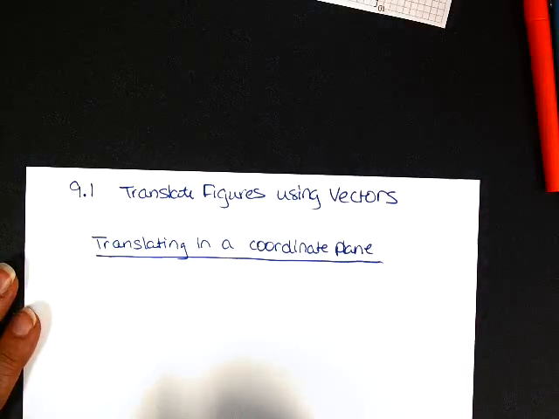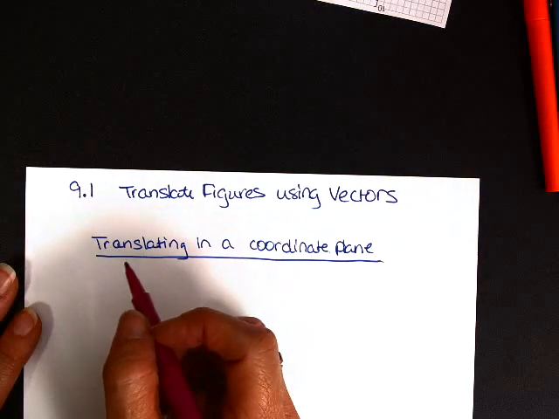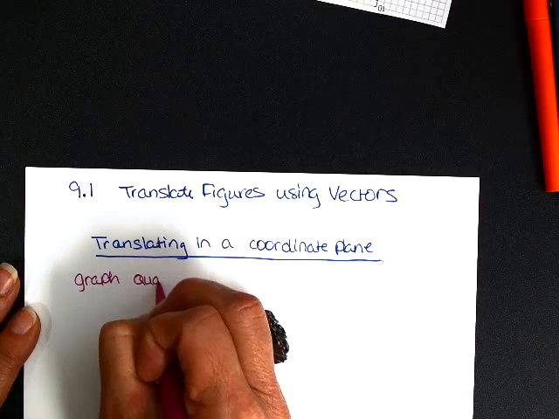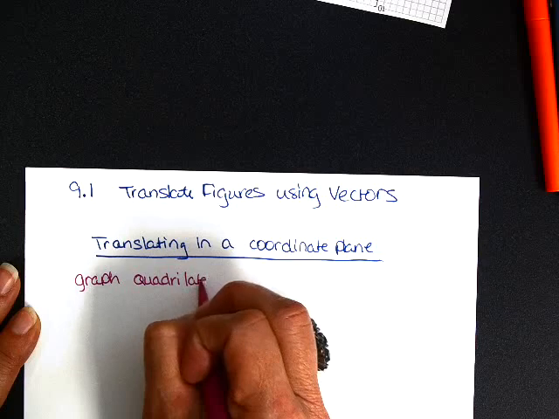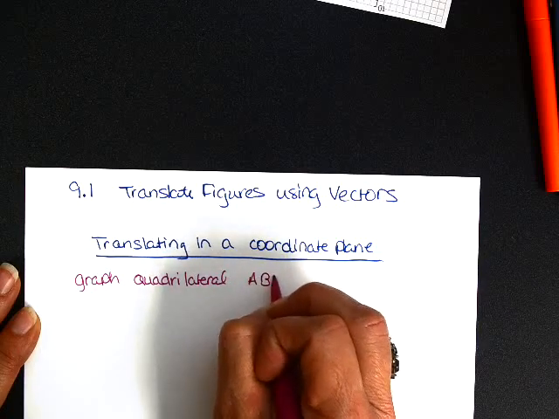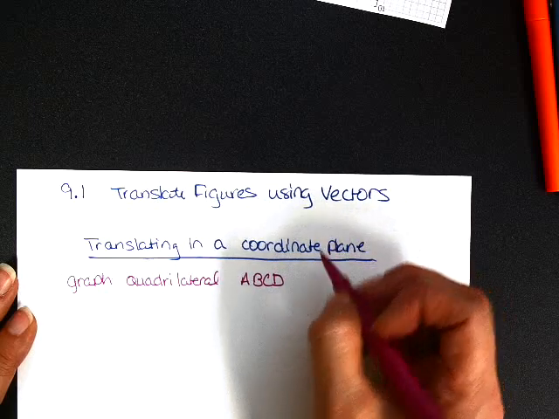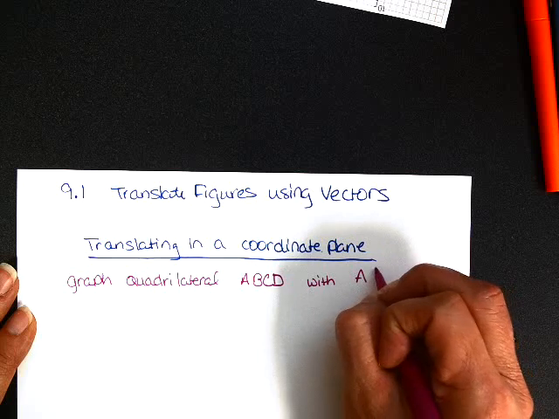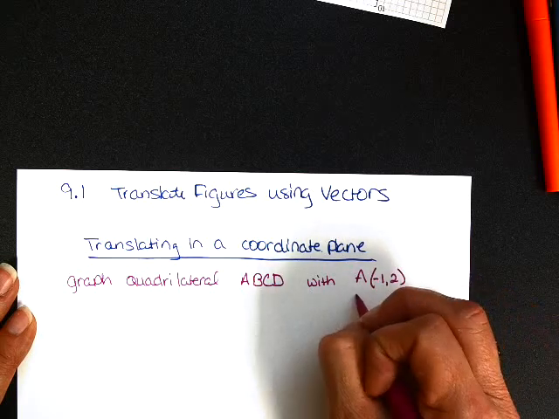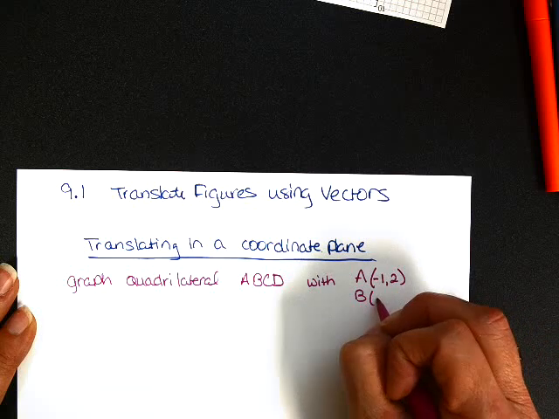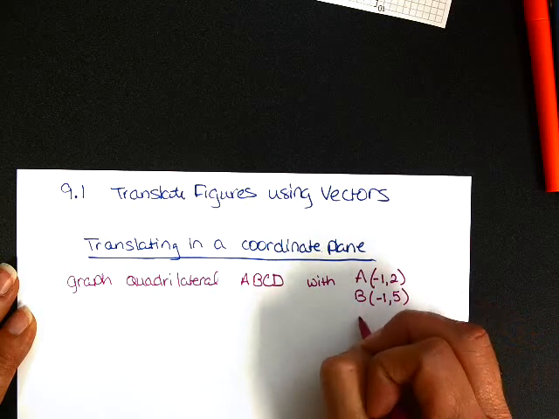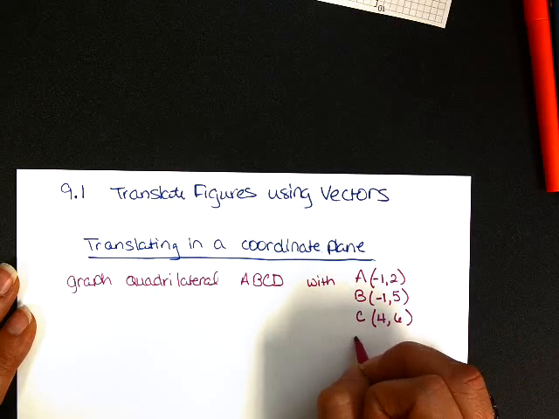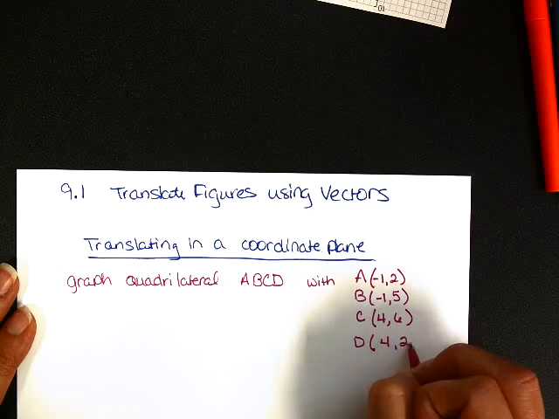All right, what we're going to do is start off with a quadrilateral. We want to graph quadrilateral A, B, C, D with points A being at (-1, 2), B is located at (-1, 5), C is located at (4, 6), and D is located at (4, 2).